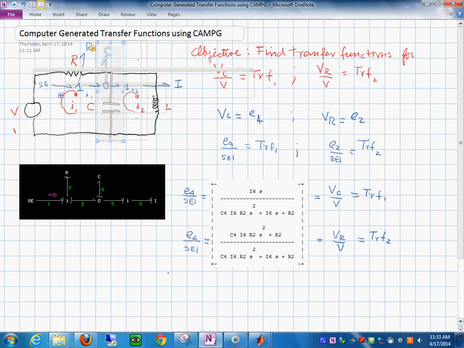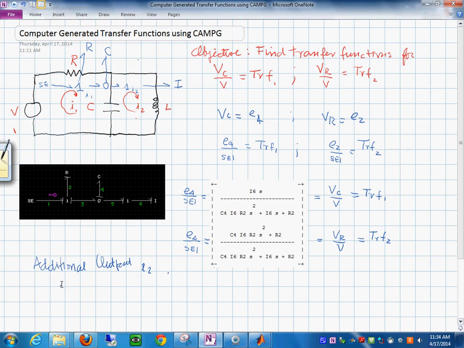So why don't we just go down here and say, okay, additional output. In this case, you would say it's f sub 5 or f sub 6, I2.